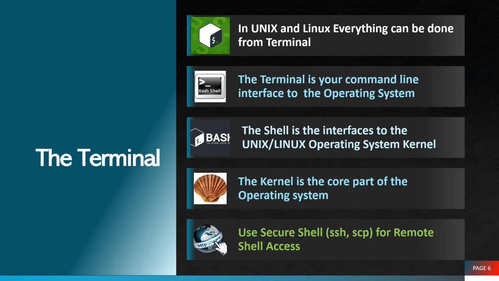So the kernel is the interface between the shell and the interpreter, which is bash or C shell or TC shell and other ones. The kernel is also the core part of the operating system. It includes the system daemons, as well as device drivers and all the binaries that are part of the operating system that is listening to your request.